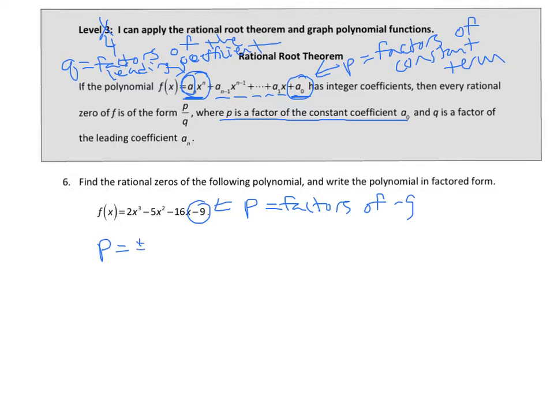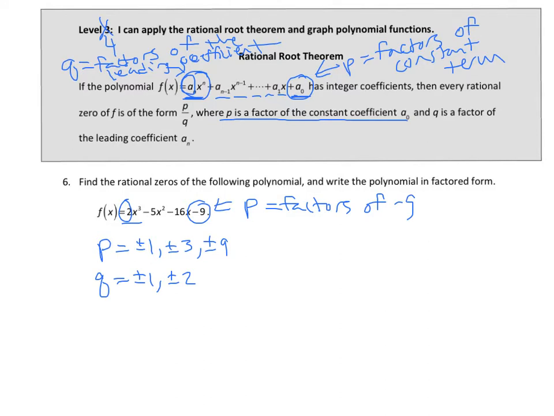So plus or minus 1, plus or minus 3, and plus or minus 9. Those would be all the factors of -9. Then q is going to be all the factors of the coefficient of the term with the highest exponent. Since it's a 2, the factors of 2 are plus or minus 1 and plus or minus 2. Always take both positive and negative factors.